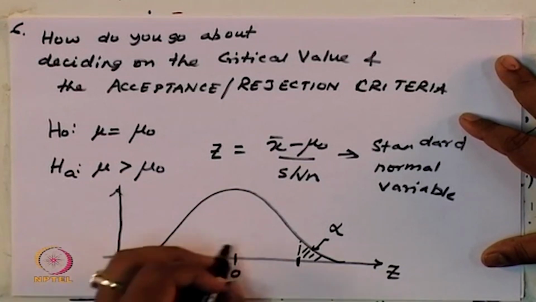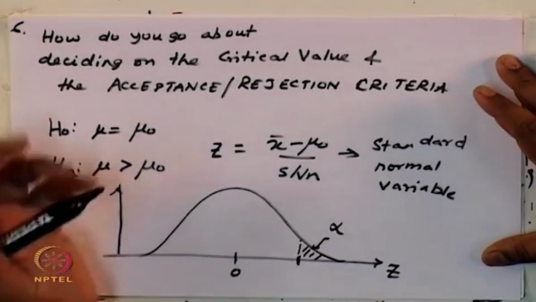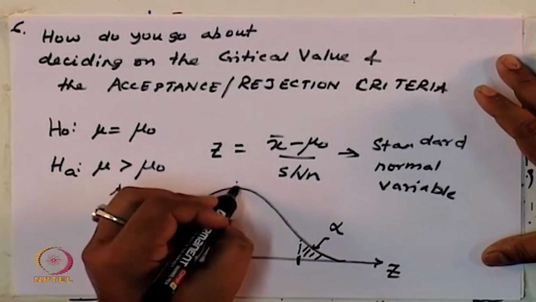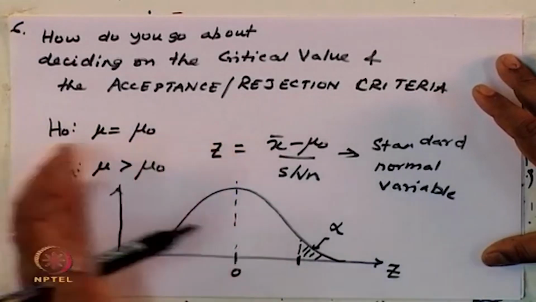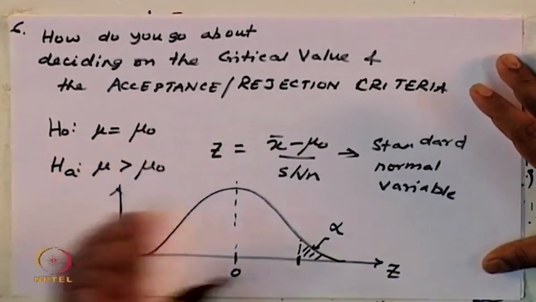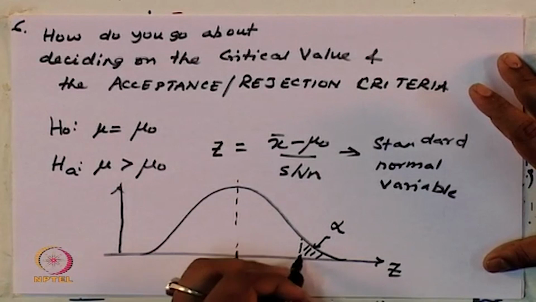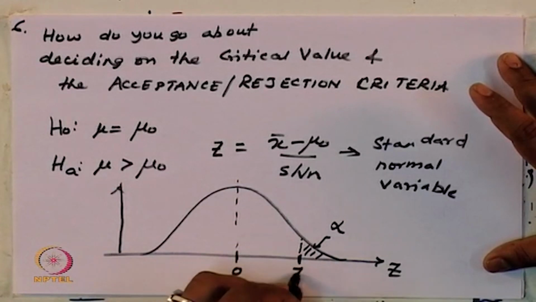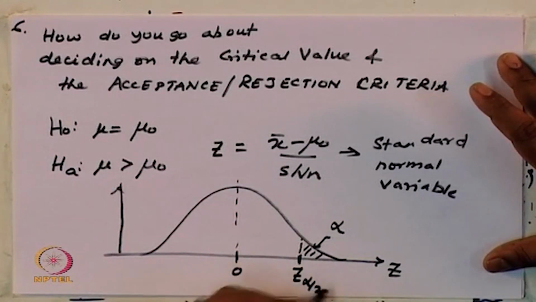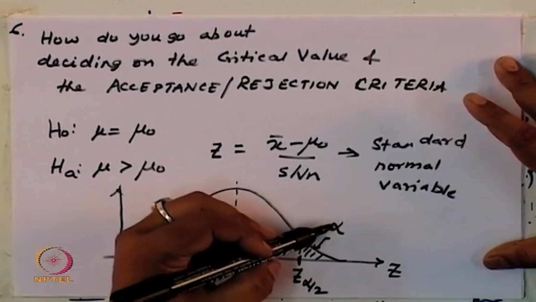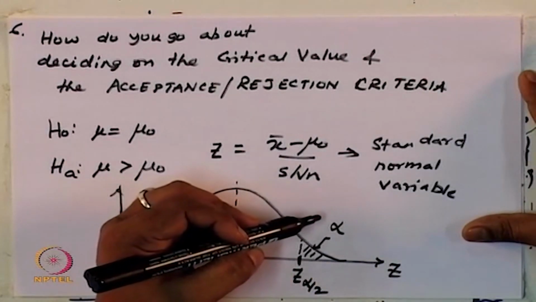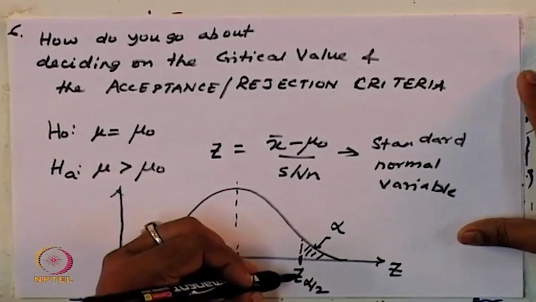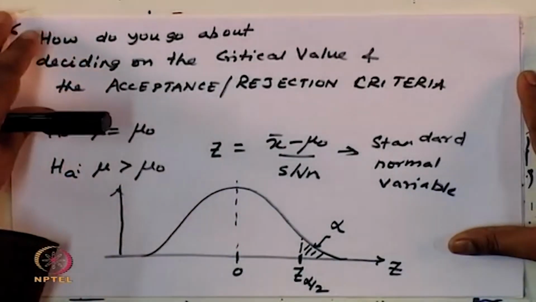In this particular case, since mu greater than mu naught is considered, this part of the curve does not even come into existence. But for this part of the curve, alpha will stipulate a critical value of Z alpha by 2. Depending on the confidence level that we want, we can change this value of Z of alpha by 2, as we have done for our confidence intervals.